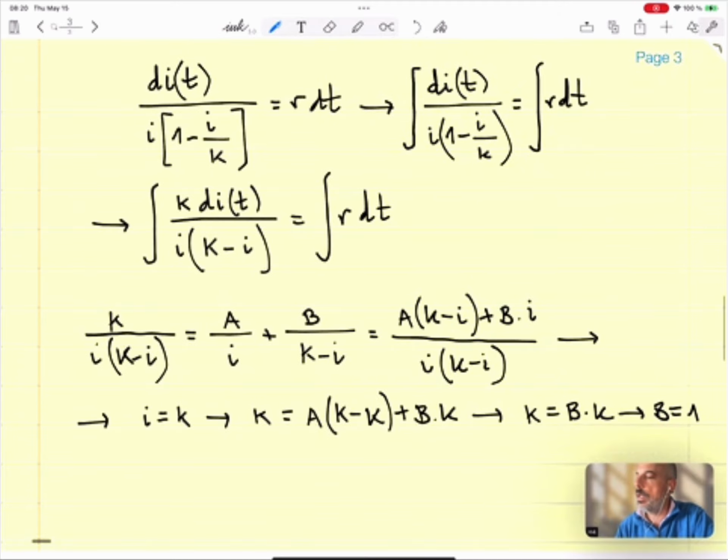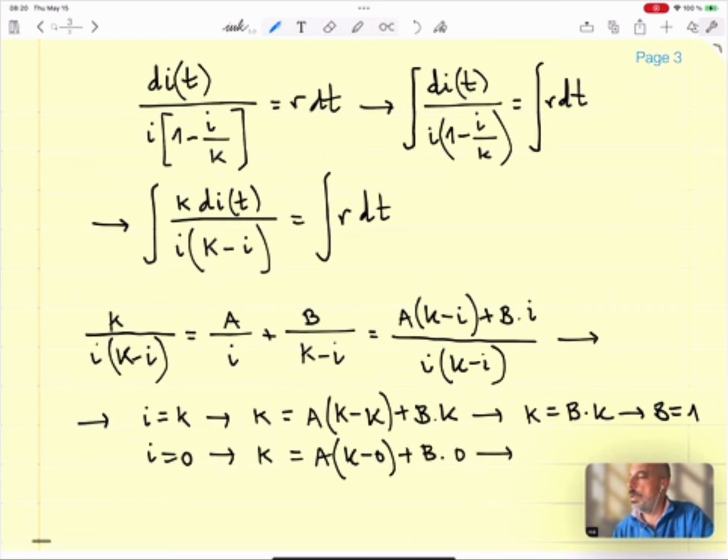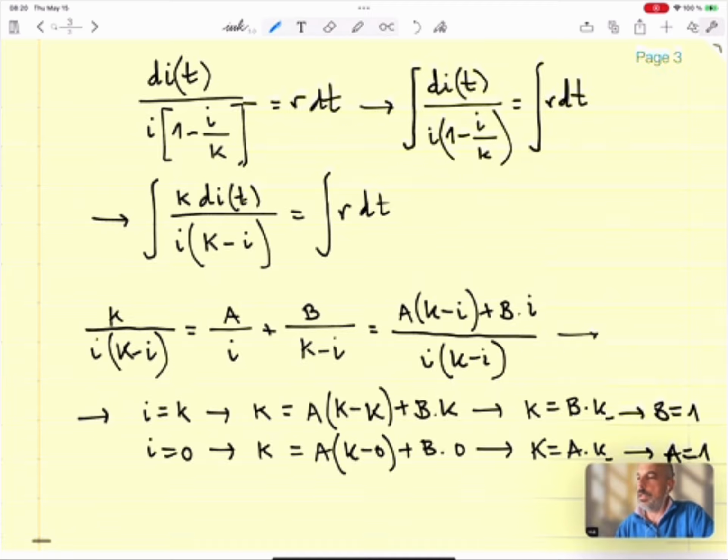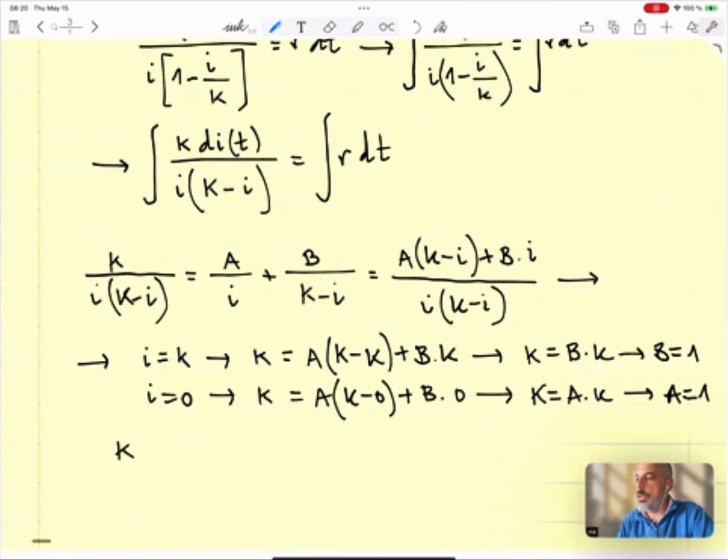For I equal 0, k equals a times (k minus 0) plus b times 0, so k equals a times k, and a is 1. So our expression k divided by I(k minus I) equals 1 divided by I plus 1 divided by (k minus I).